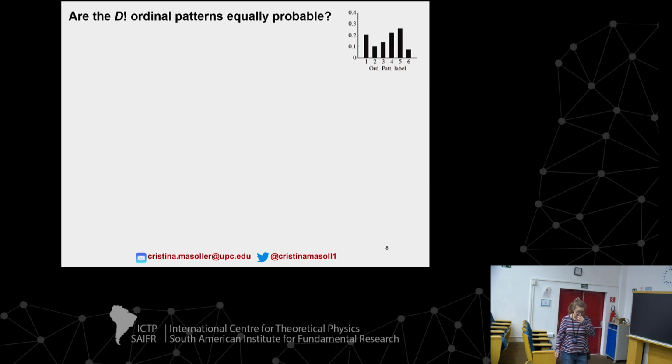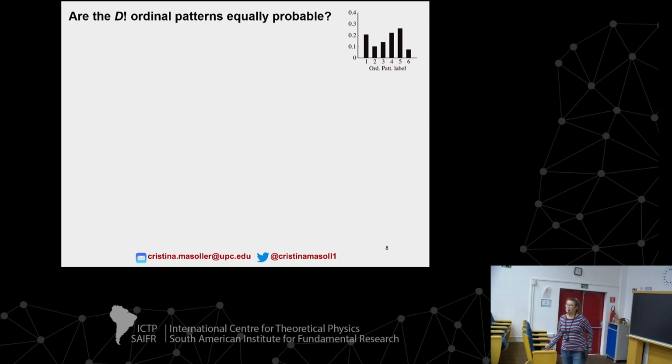Now, the main question we need to think of is, are they equally probable? If I have a histogram like this, is this consistent with uniform probabilities? Maybe it's just that I don't have enough data, but if I had more data, I would have a distribution that is uniform. All the patterns occur with the same probability.